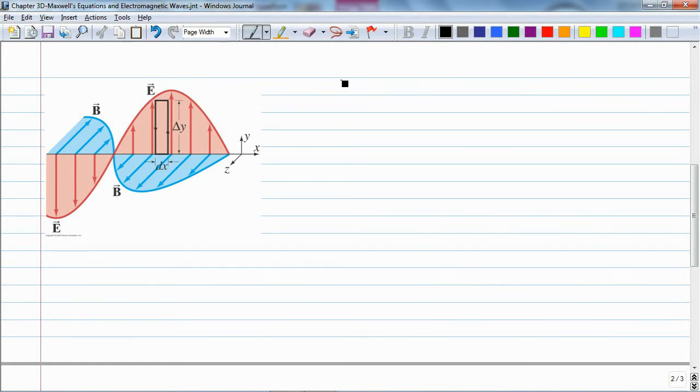So remember from Faraday's law, it's the line integral of the electric field dot differential length is equal to the negative of the change in flux of the magnetic field with respect to time. Well, let's break this apart a little bit.